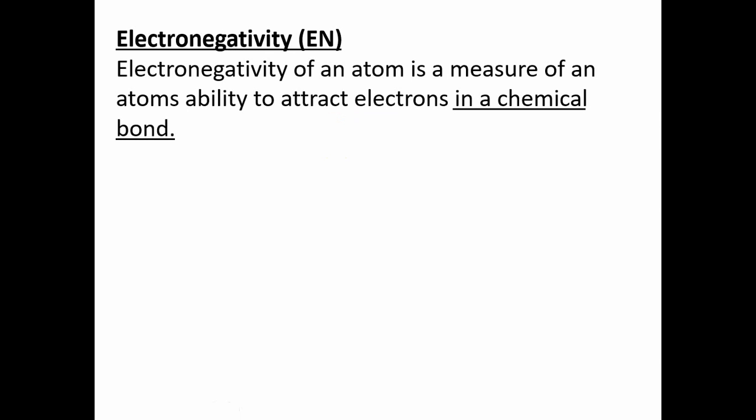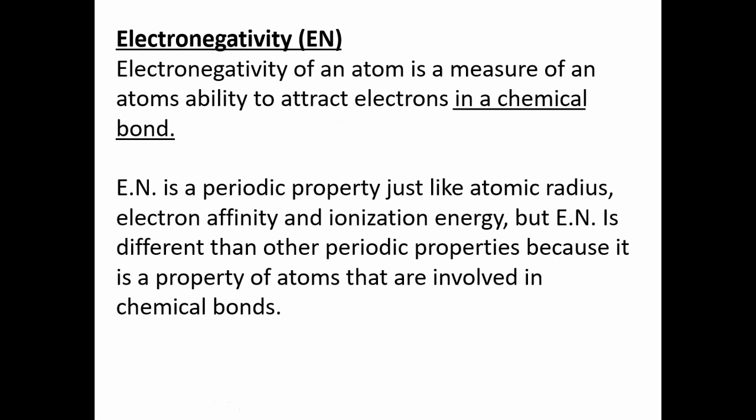And that's kind of key here. It has to be within a chemical bond. So if two atoms are going to bond together, they share a pair of electrons, okay? And if one atom shares the electrons more than the other, then there's an electronegativity difference between the two. So the atom with the higher electronegativity pulls the electrons closer to itself.